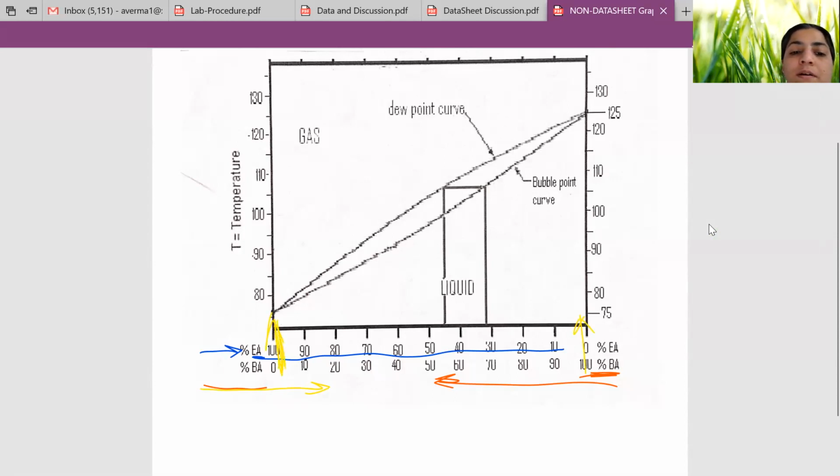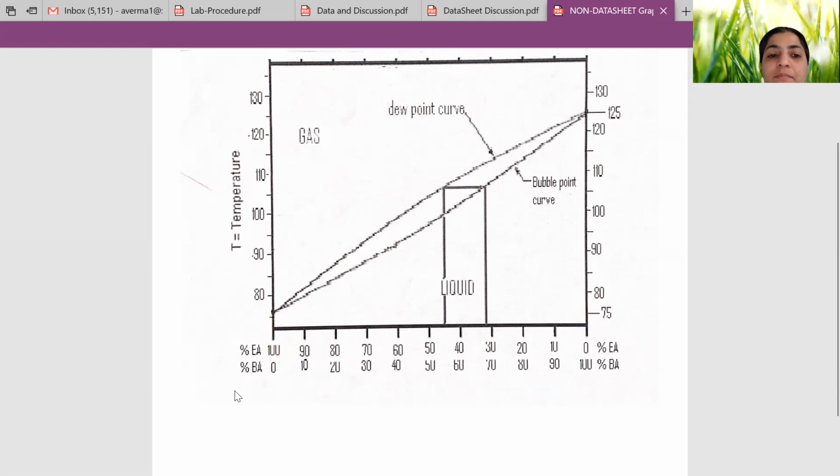On this particular line, we have 100% ethyl acetate, and on this particular temperature axis, we have 100% butyl acetate. When we have 100% of something, automatically the other material becomes 0%. And so, paying attention to this, we are at a 33% ethyl acetate and 66% butyl acetate mark.